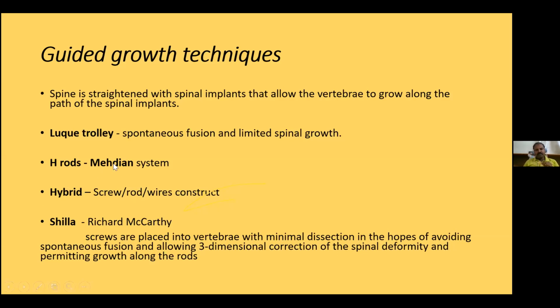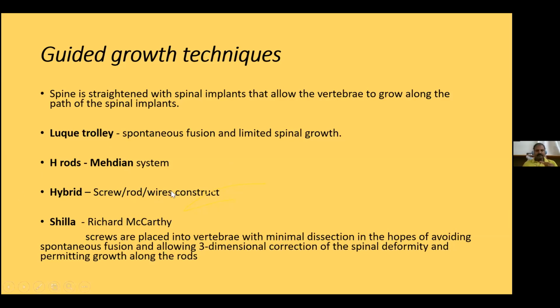Then Medani had a system with H rods. He has got a larger series. There's a guy from Nottingham who has got this series. I'll show two of his cases for you to understand how it works in his hand, and it's a good system. And then he has changed over to rods and screws with wire construct after the introduction of pedicle screws.